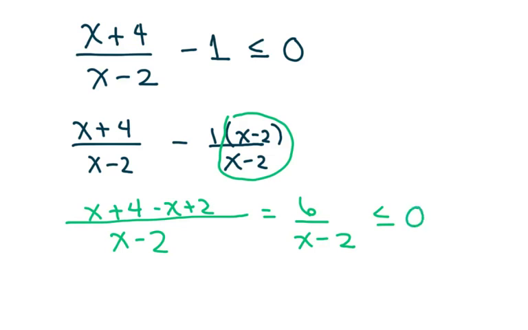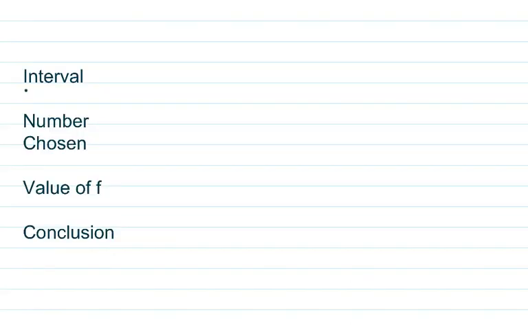So the only thing, we don't have any zeros, but we do have f is undefined at x equals 2. Therefore, if you do a little number line here, and we have 2, we want intervals from negative infinity to 2.